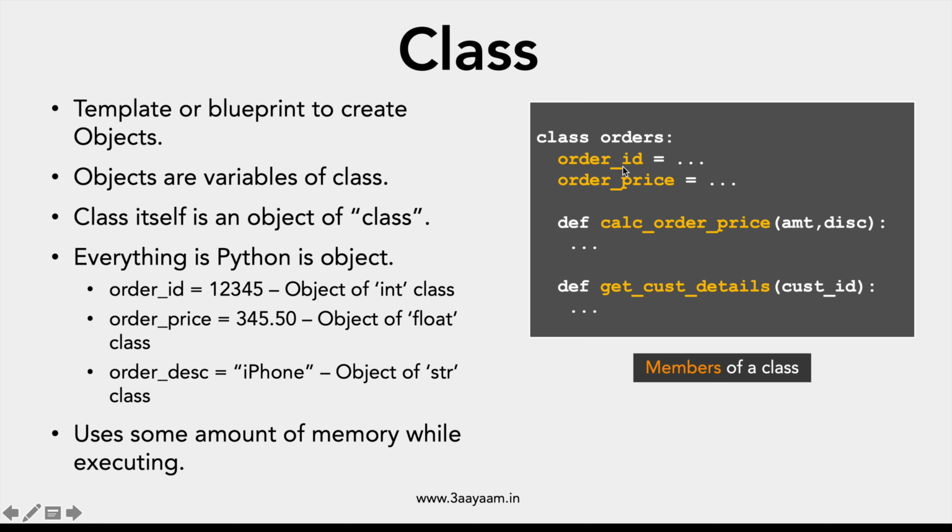The variables and methods that we define inside of a class are called members of that class. So in this case, order ID, order price, calculate order price, and get customer details, all these four are members of the class orders.